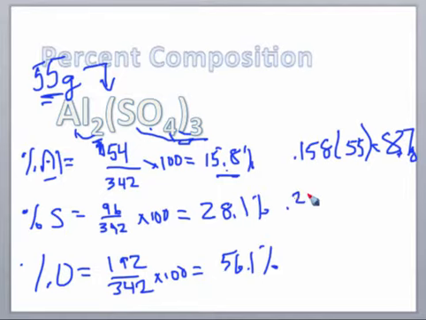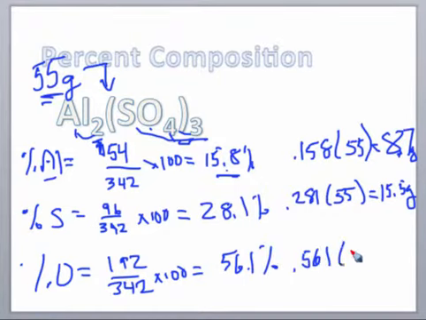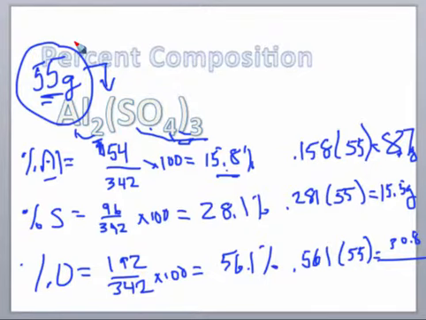We're going to take 0.281 times 55, and that's going to give us 15.5 grams. And then we're going to take 0.561 times 55, and that's going to give us 30.8 grams. And again, if we add up our 3 masses, they'll add up to be 55.